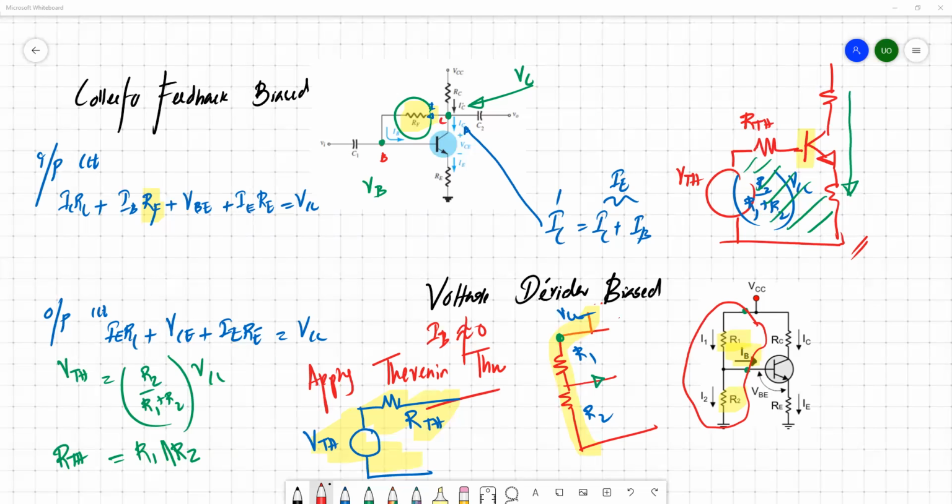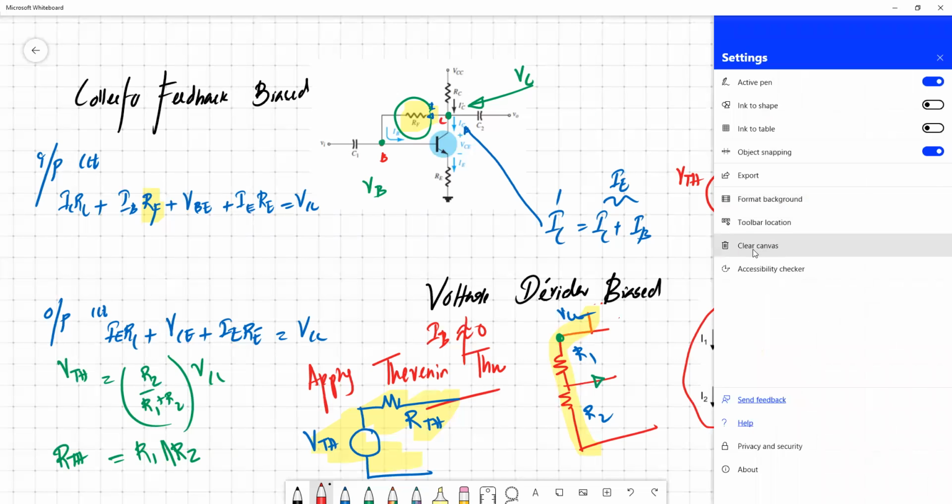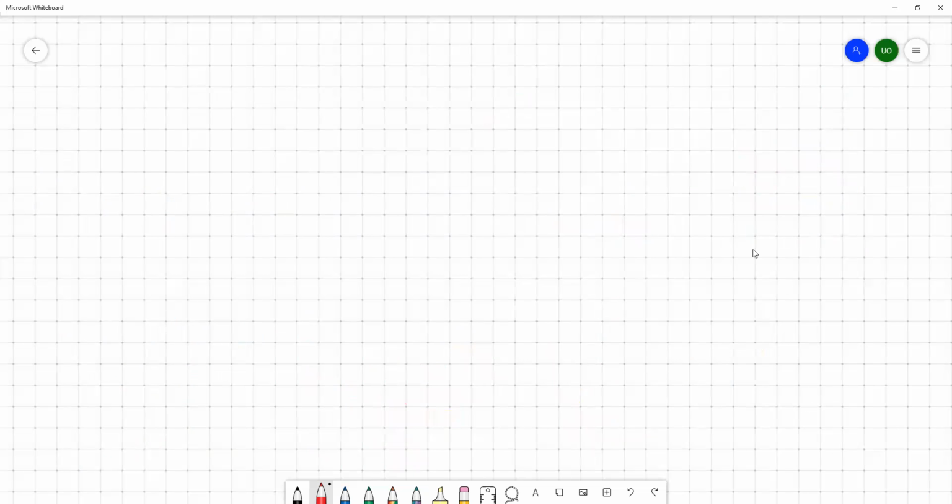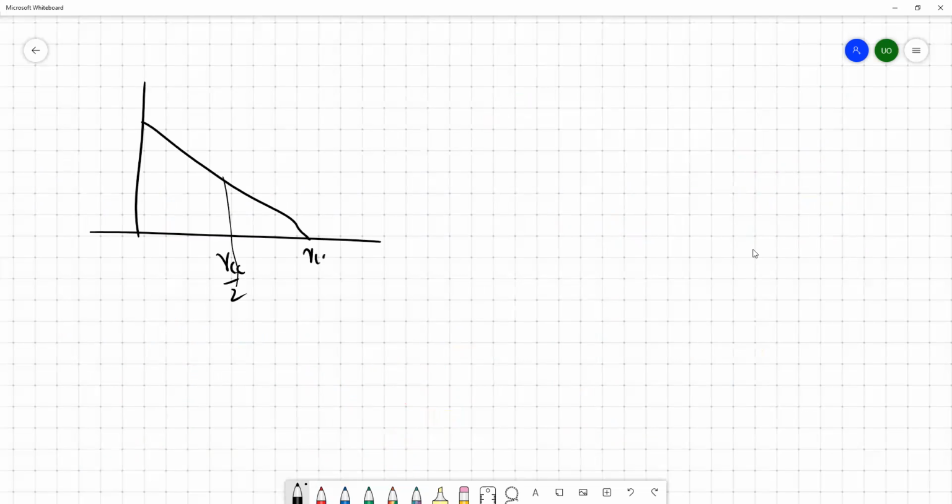For example, if your span is between 0 and VCC by 2, and VCC by 2 to VCC, so if this is the middle, this is VCC by 2, this is VCC, this is 0, then if you place the Q point here, this is the maximum span of the input.